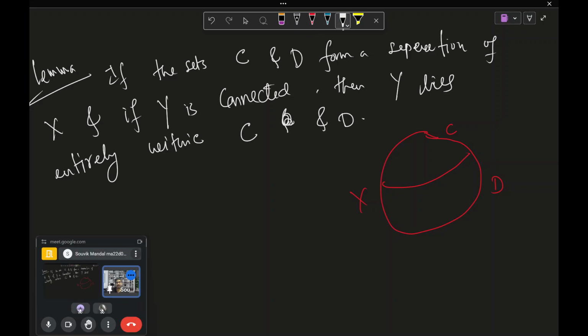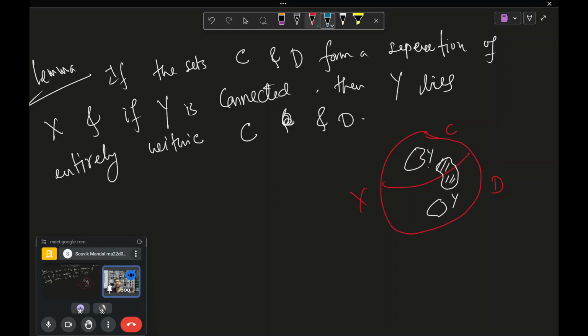So either Y lies here or Y lies here. But if Y lies partly in both, then of course this part and this part will constitute a separation of Y. If this given space has a separation, and if the subspace is connected, it lies entirely within one part of the separation. So how to prove this?